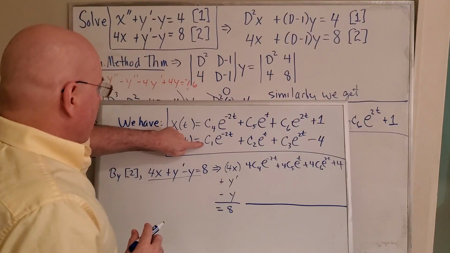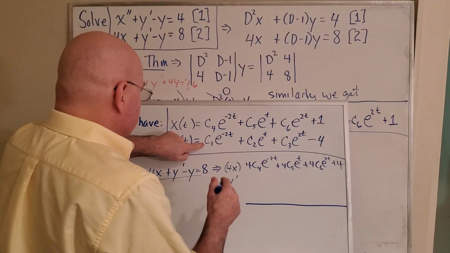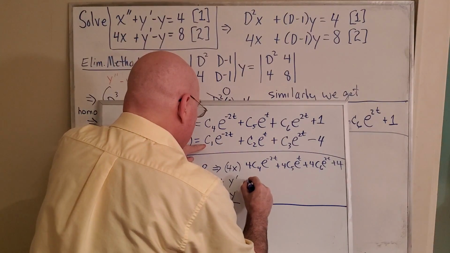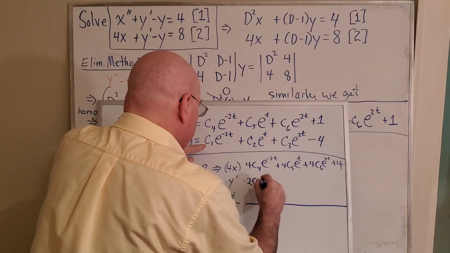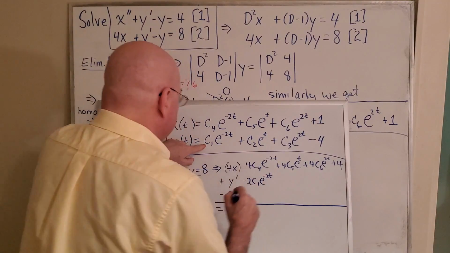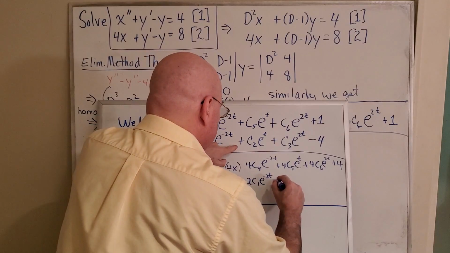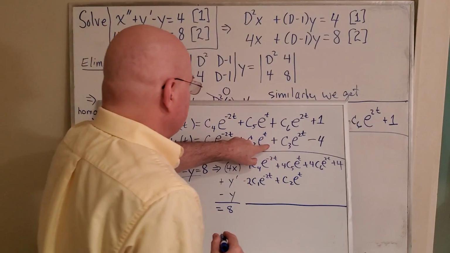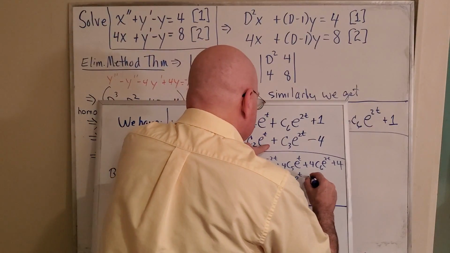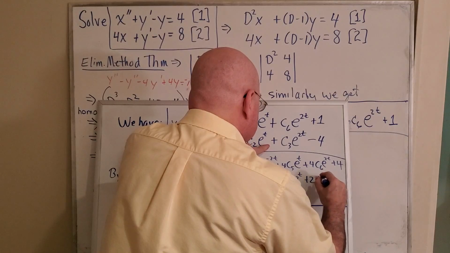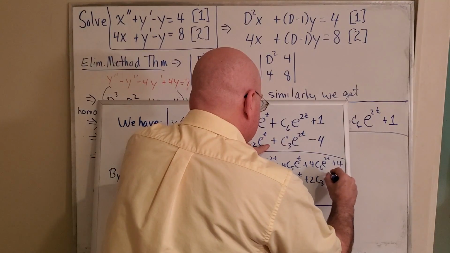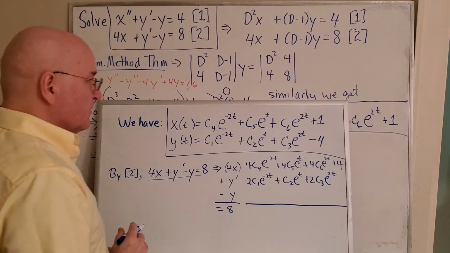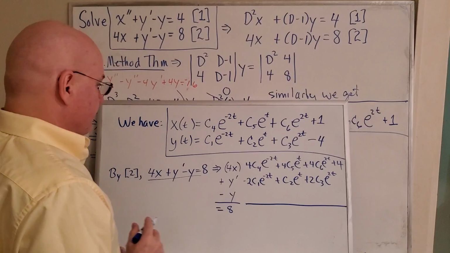If this is y, y prime is going to be negative 2c1 e to the negative 2t plus c2 e to the t plus 2c3 e to the 2t plus 0, because the derivative of negative 4 is 0.